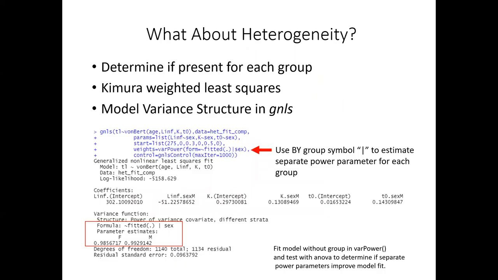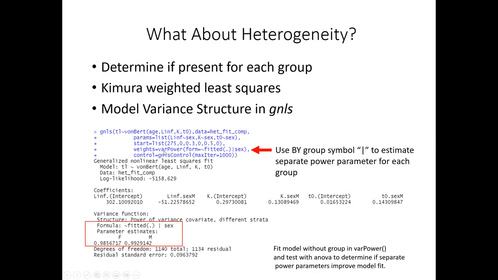So what do we do about heterogeneity? Again, we could do the weighted least squares using the weighted error variances in the Kimura paper, which is programmed into my growth function. Or you could just use the GNLS function, and you can not only provide tests for differences in sexes, but you can also explore whether the heterogeneity is different between the sexes.